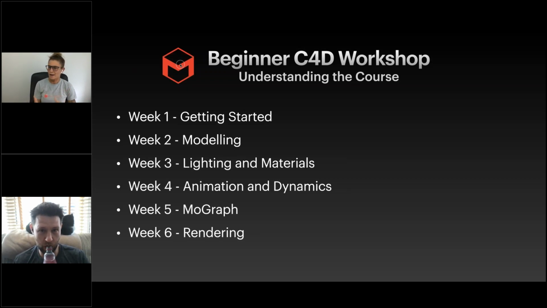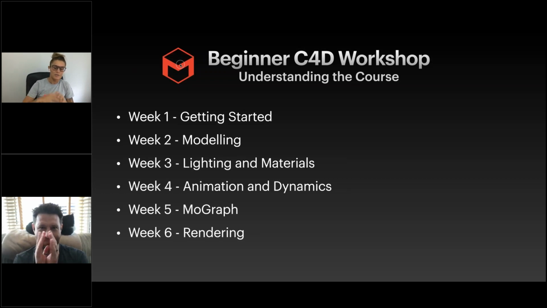We had a look at the brand new UI in 25, as well as how to make things inside of Cinema 4D. We looked at primitives and deformers and we made our robot guy. If you haven't seen that, it's public on our Maxon Training Team YouTube channel, and we've got project files and all that kind of stuff. So today is week 2, or part 2, which is all to do with modeling.